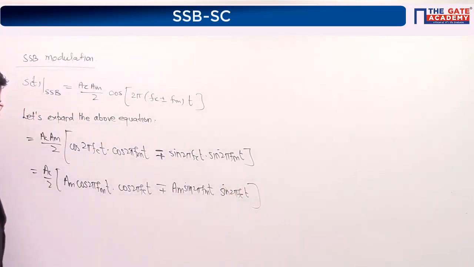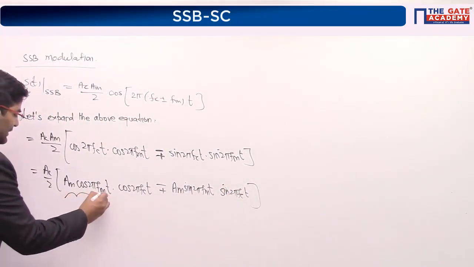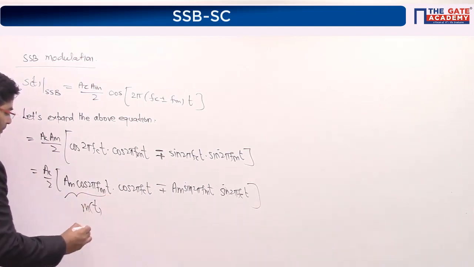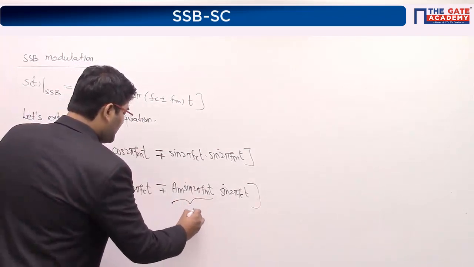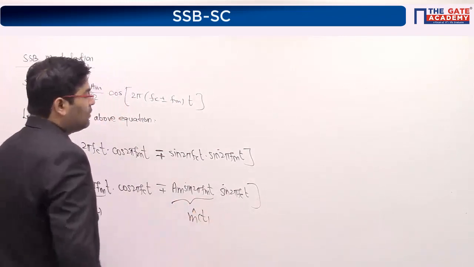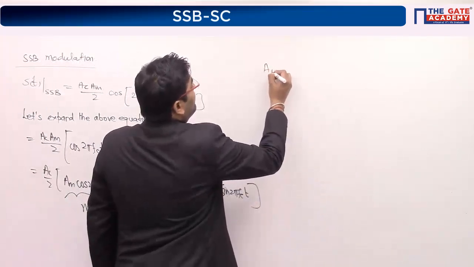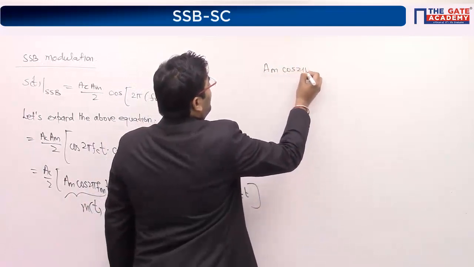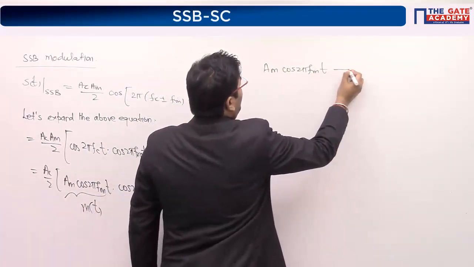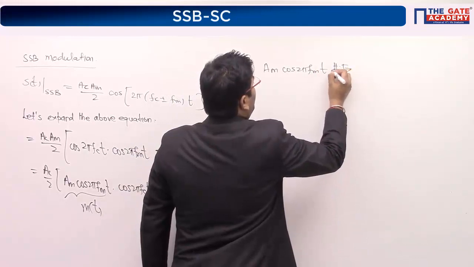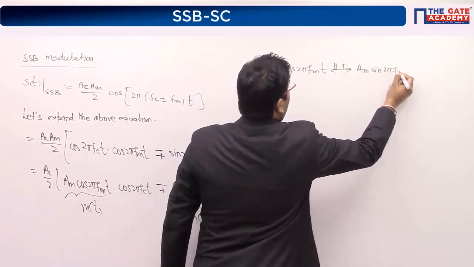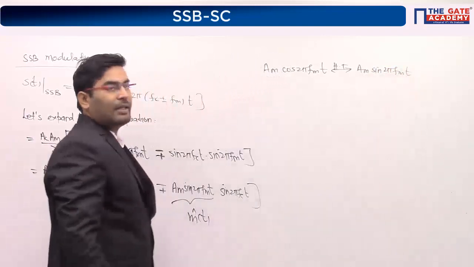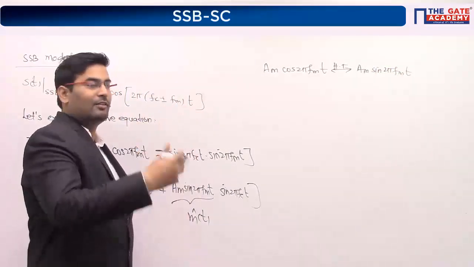Are we there, guys? Now we know that if this is the message M of T, then this is the Hilbert transform of this message. Guys, you should know that AM cos 2 pi FMT Hilbert transform is AM sin 2 pi FMT and vice versa. So 90-degree phase shift, right? Remember that? So it is vice versa.